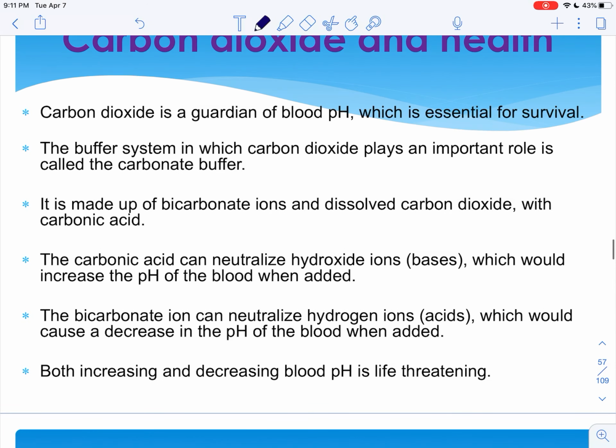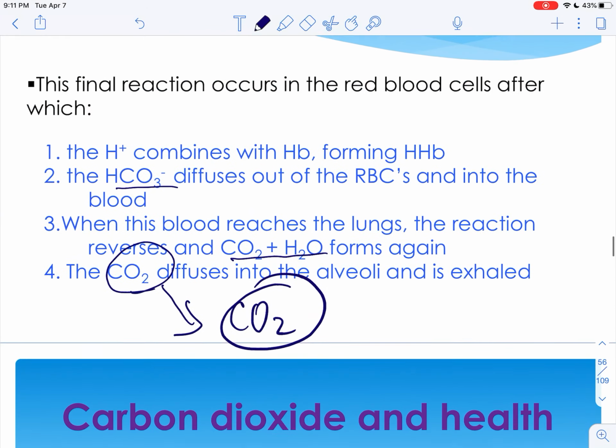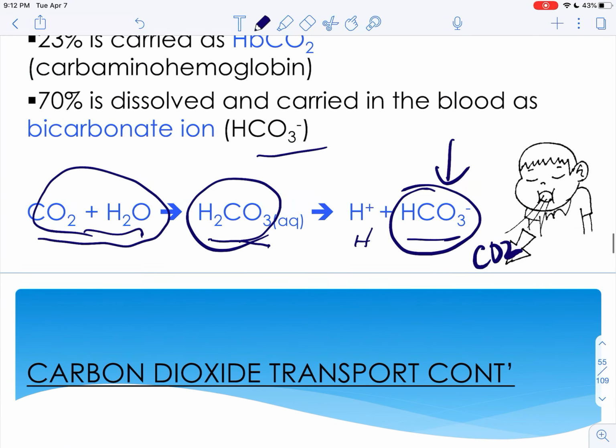And our last slide is talking about how the fact that hydrogen ions are part of that reaction means that the body can use this conversion of carbon dioxide and water into hydrogen ion to balance the pH of the body. Because if you have more hydrogen ions, you're going to make the body more acidic.